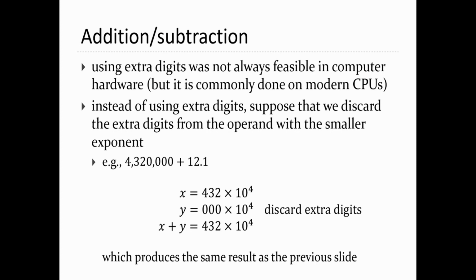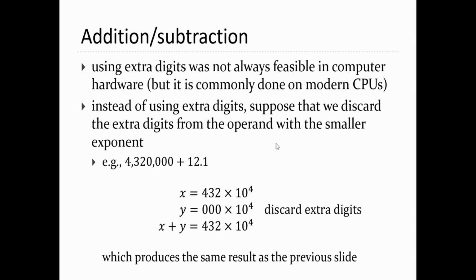On modern computers, you do have some extra bits. I think Intel uses 80 bits to compute results, even though floating point numbers have 64 bits. So you actually have 16 extra bits, which turns out to be quite a lot. So on modern CPUs, you do have this extra hardware. On older hardware, you definitely don't.